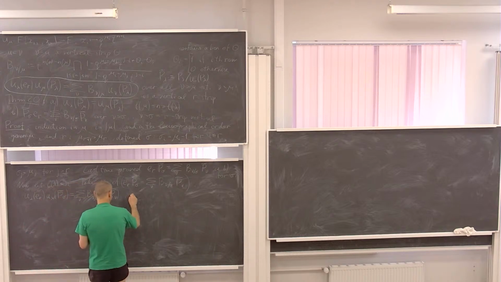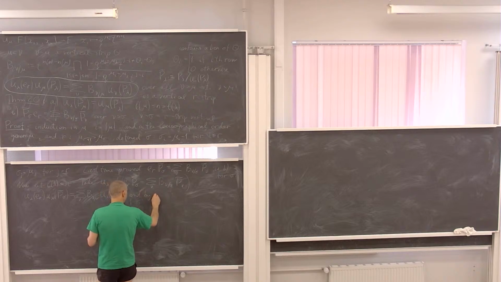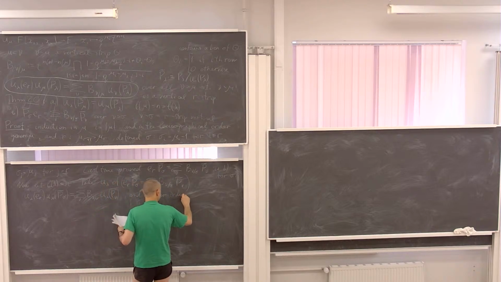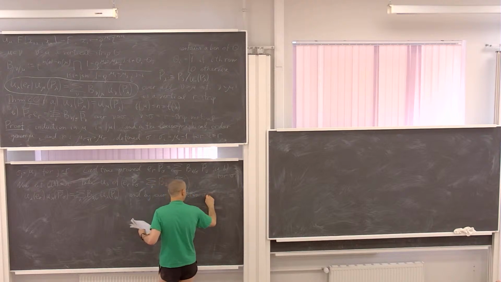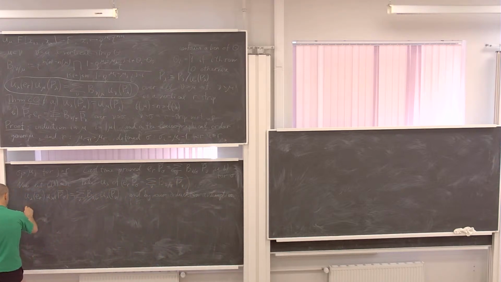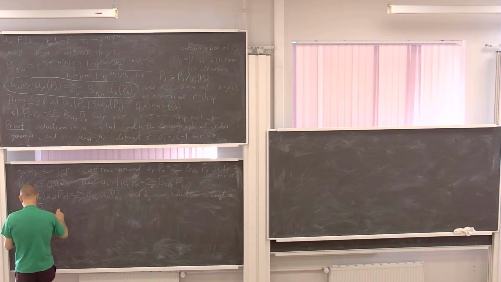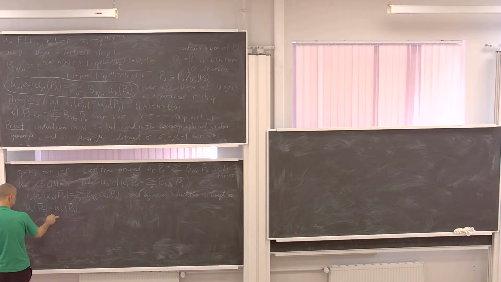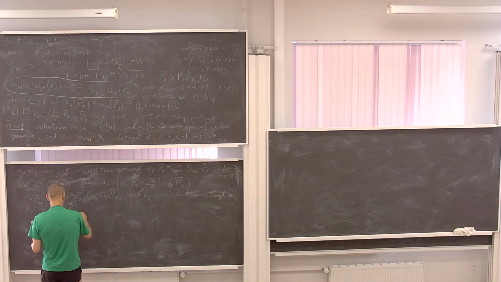By our induction assumption, we know that u lambda of p tilde sigma equals u sigma of p tilde lambda, because sigma is smaller than mu in lexicographical order, or even in total size.